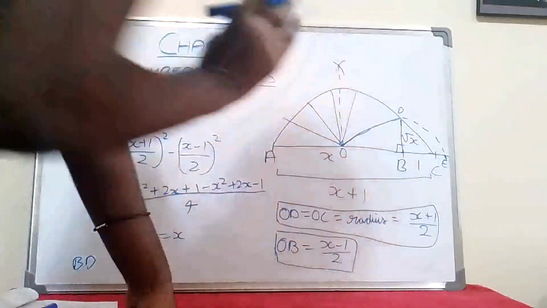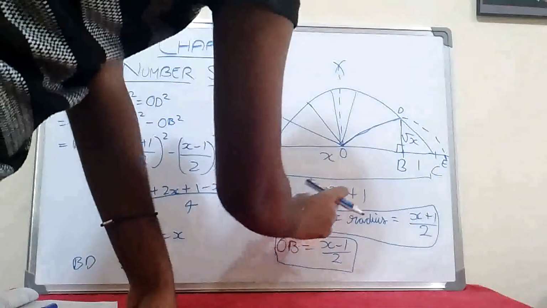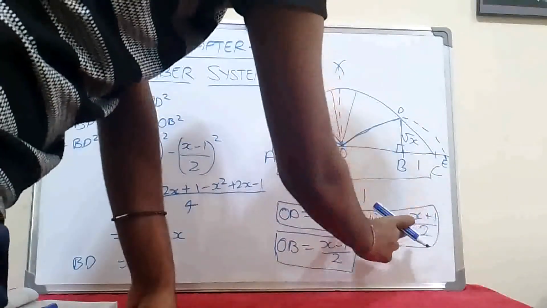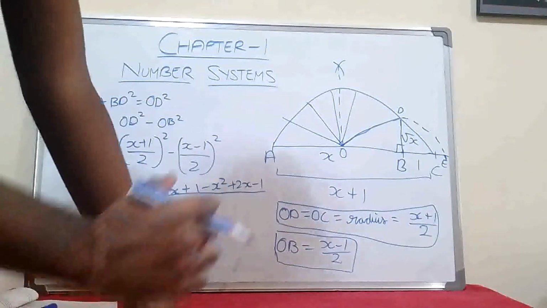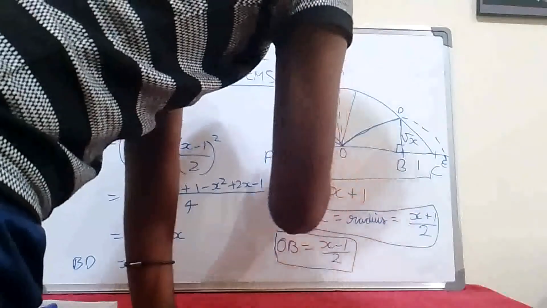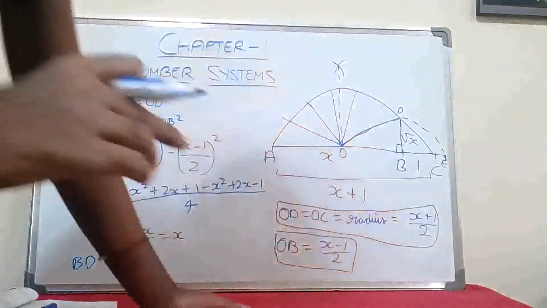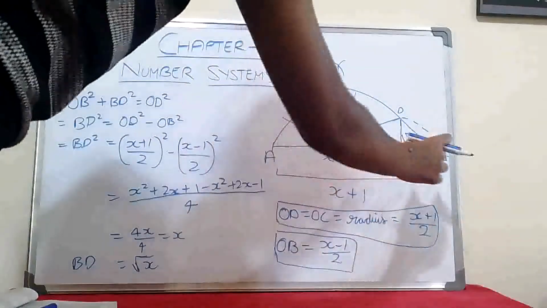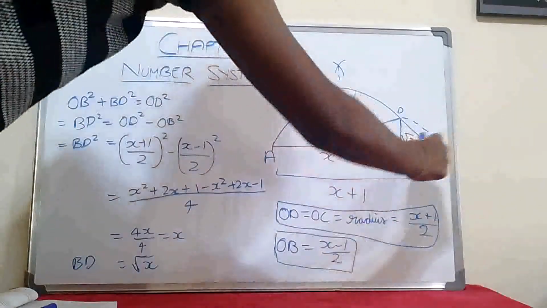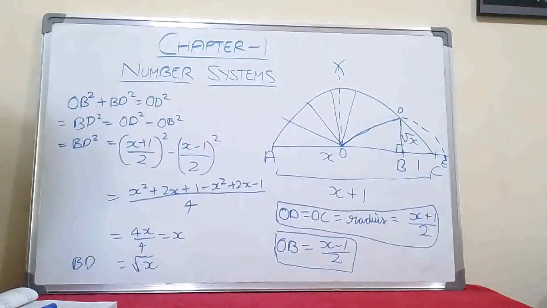So OD is equal to OC. OC is the radius over here, which is x plus 1 by 2. Why x plus 1? X plus 1 is the total length, the diameter over here, a full straight line, and by 2 because the diameter divided by 2 gives us the radius. Now OB is this length.